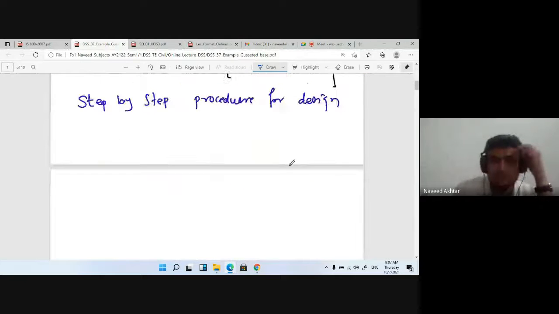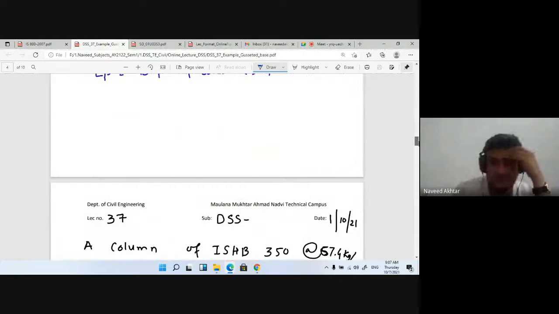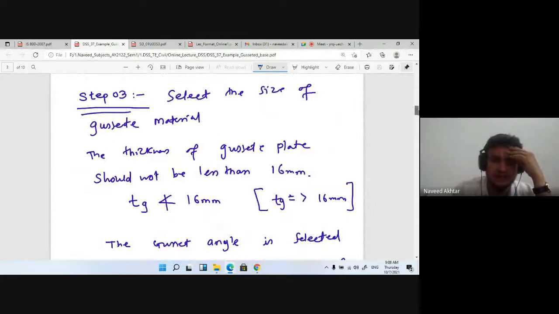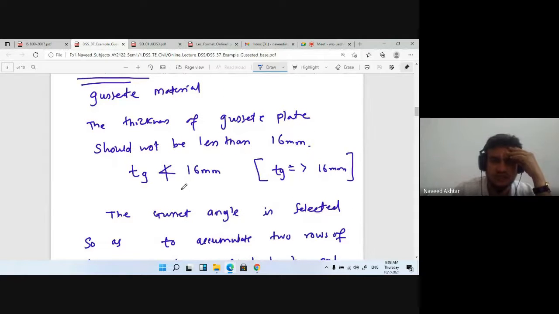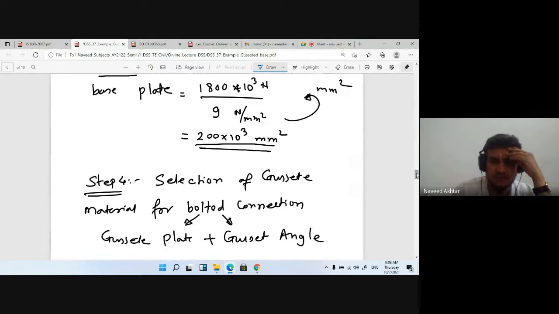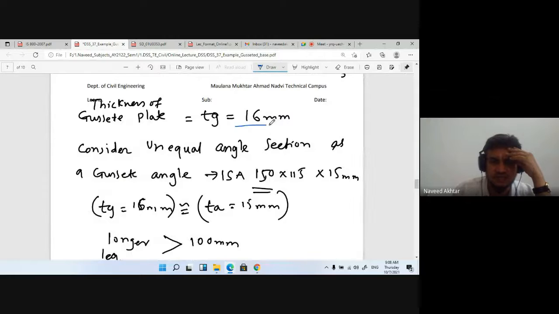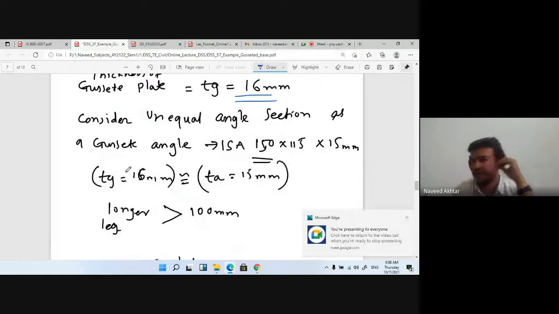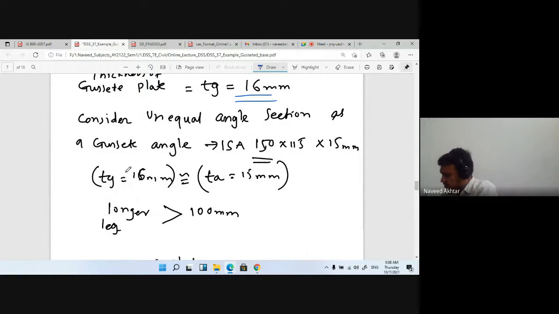Now, in step number 4, we have to decide the gusset plate and gusset angle, that is the gusset material. We have decided that the gusset plate thickness should not be less than 16 mm, so we have taken the thickness of the gusset plate as 16 mm. And the gusset angle should have approximately the same thickness as the gusset plate.